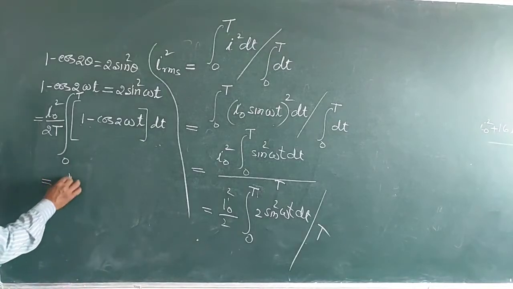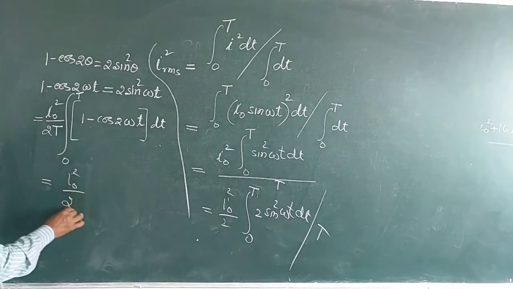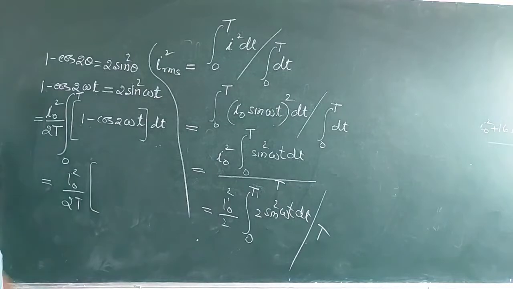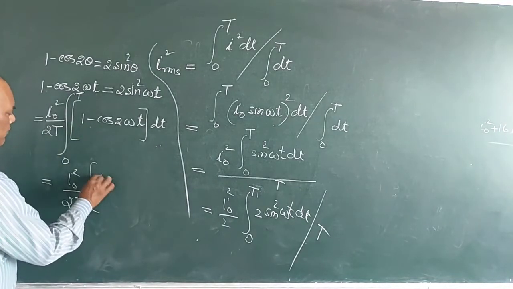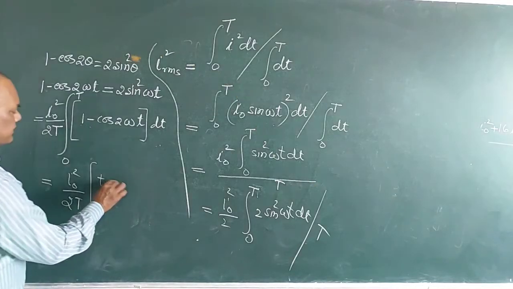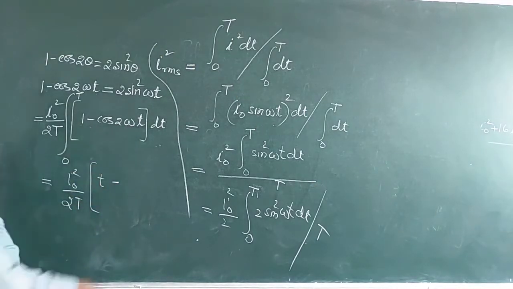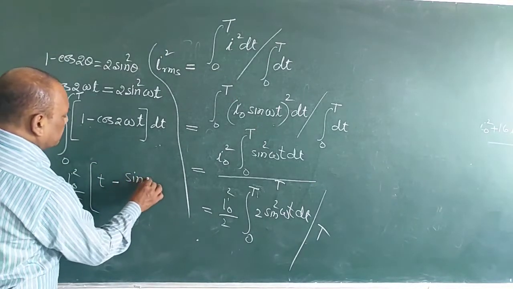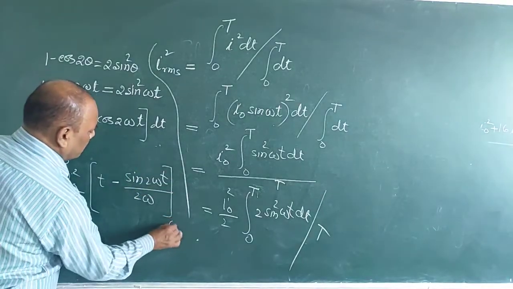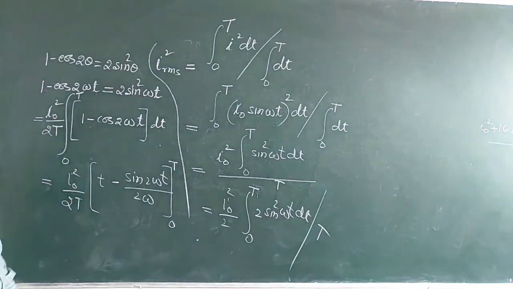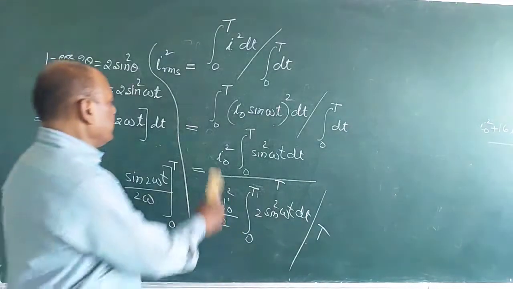Now after integrating, the integral of 1 with respect to dt will be t, minus cos 2 omega t, its integration is sin 2 omega t divided by 2 omega, from 0 to t.